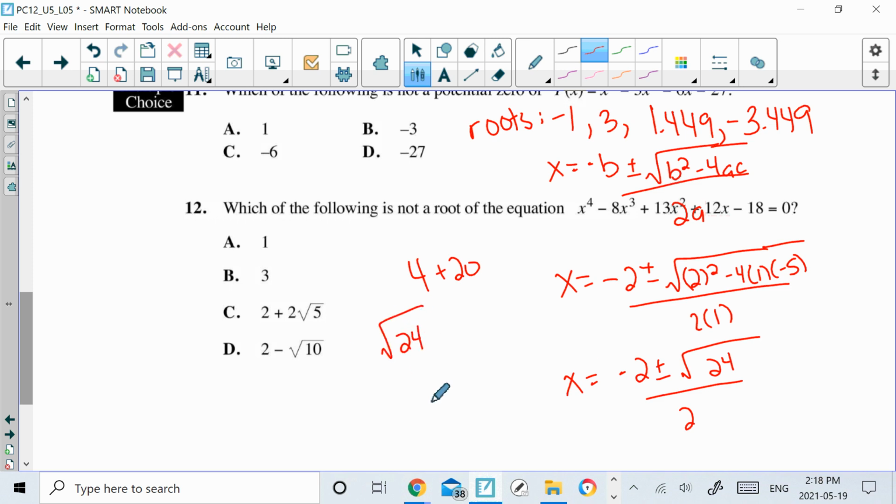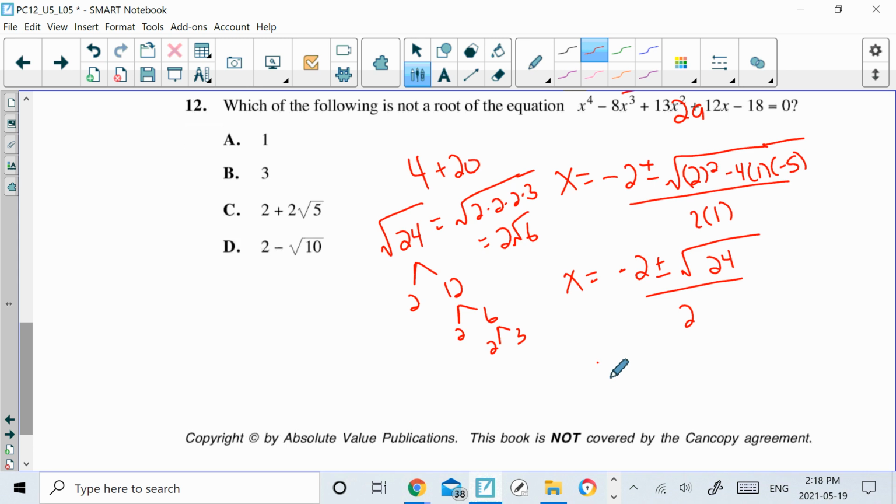So the square root of 24 is 2 and 12, 2 and 6, 2 and 3. The square root of 24 can be simplified to be 2 root 6. Negative 2 plus or minus root 24 is equivalent to 2 root 6 all over 2.